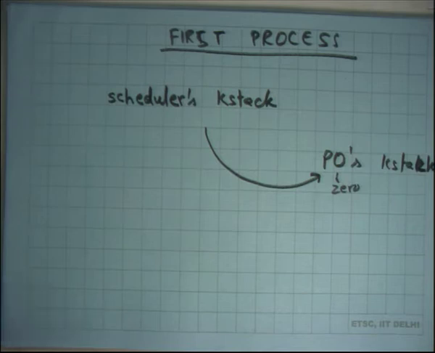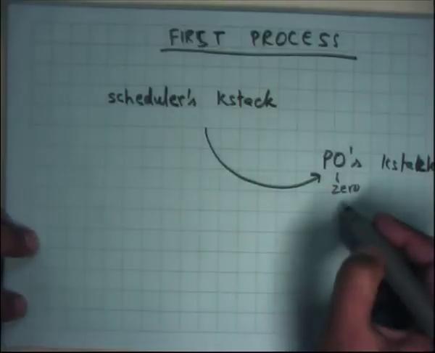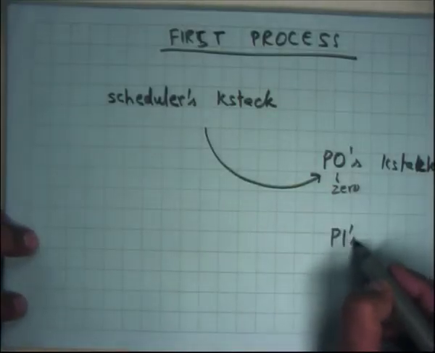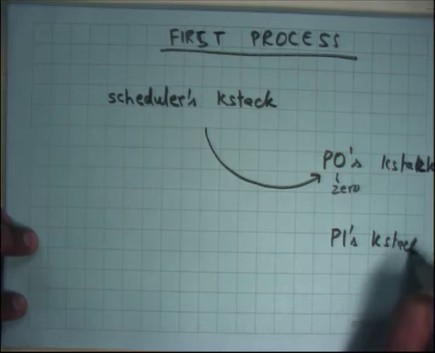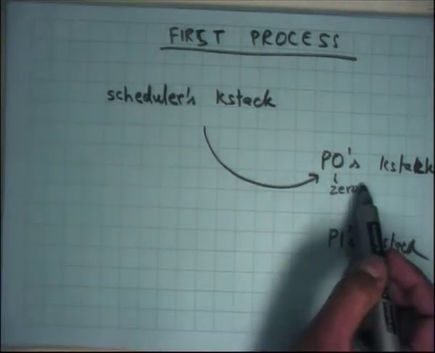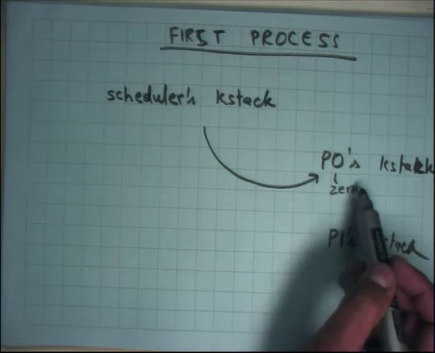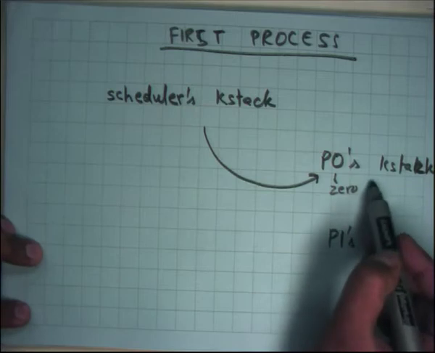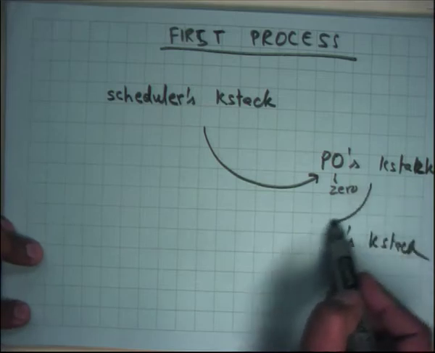So a new P1 gets created, and a new P1's K-stack gets created, right? And at some point P0 is going to yield, either voluntarily by calling the yield syscall, or involuntarily because of a timer interrupt. In either case, P0's K-stack is going to switch back to the scheduler's K-stack.